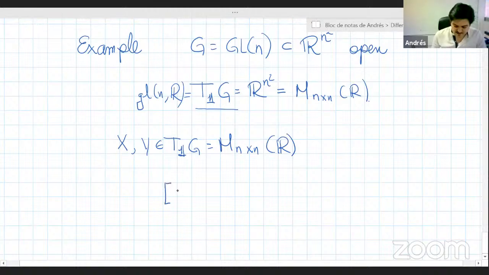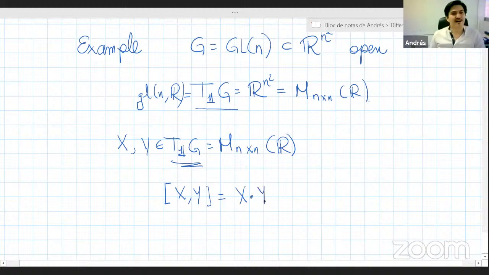So on this space, this is the commutator. This is the product matrix minus the other product, right?